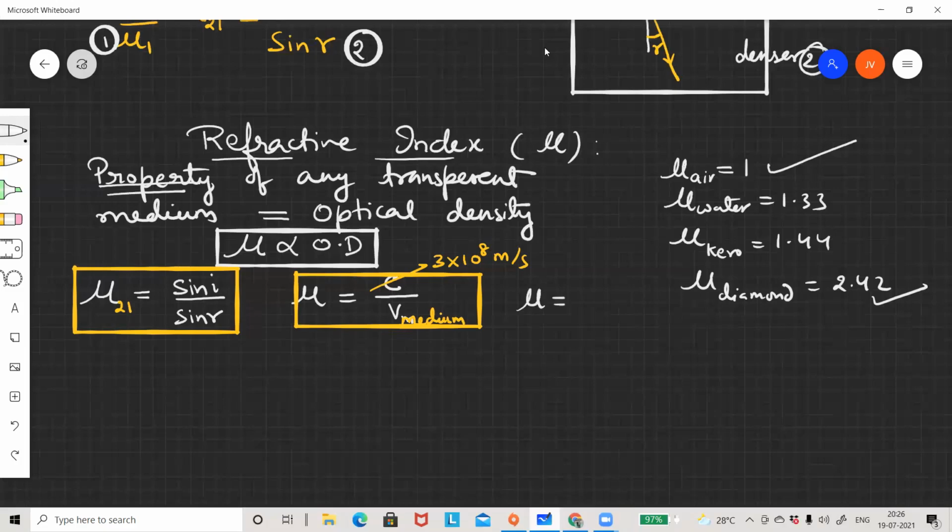Refractive index, actually, when we place a coin inside a tumbler or a stick inside a tumbler containing some liquid, water or oil, the stick appears to be bent. That means the part of the stick which is in the air and the part immersed in the liquid don't appear to be in a straight line.